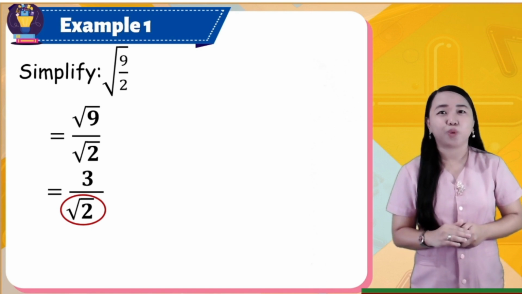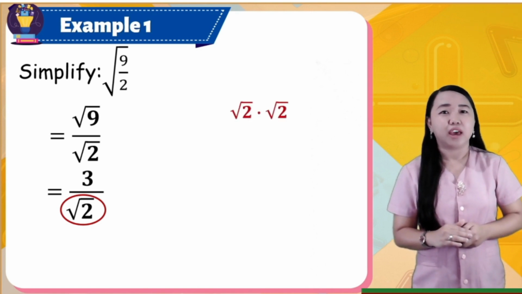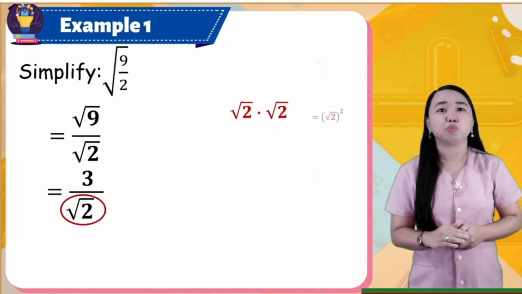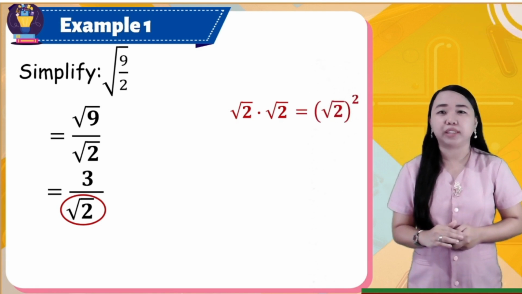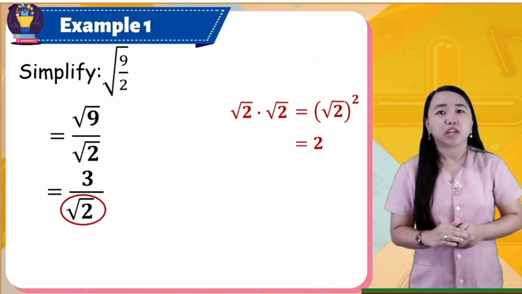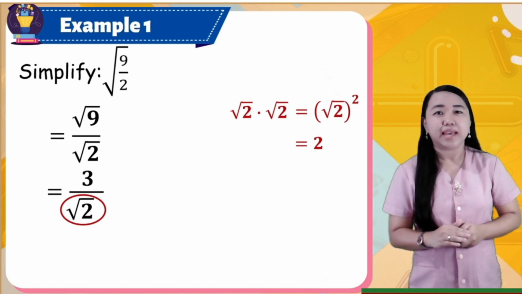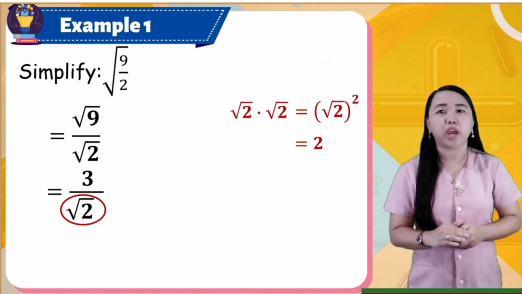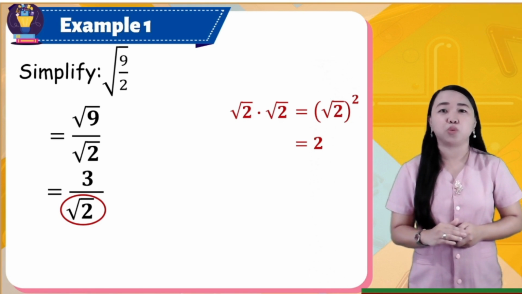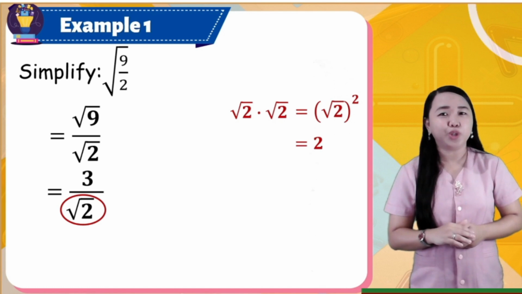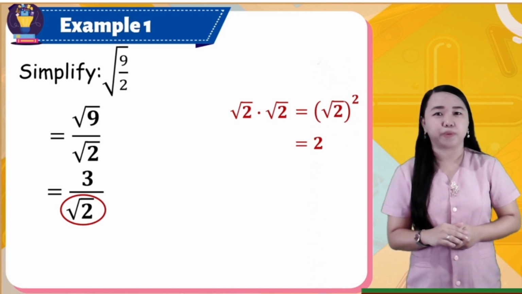With this, we can therefore say that if square root of 2 is multiplied to square root of 2, then it can be written as the quantity of square root of 2 squared. Since the square and square root are inverse of each other, then it will leave us with just 2. 2 is a rational number.